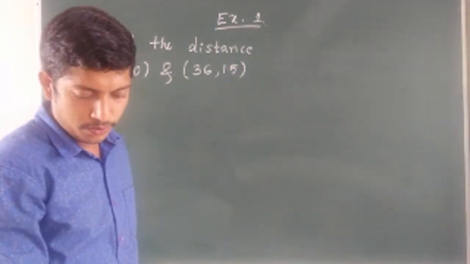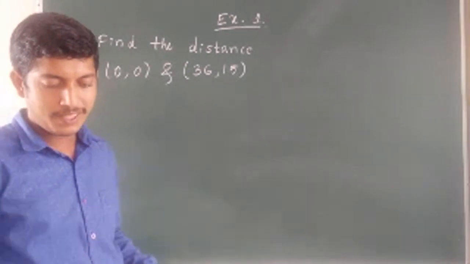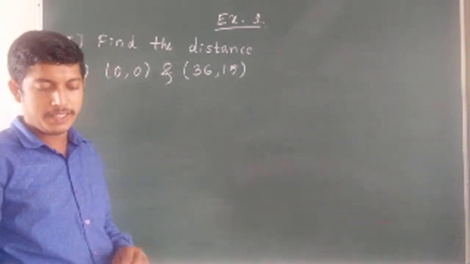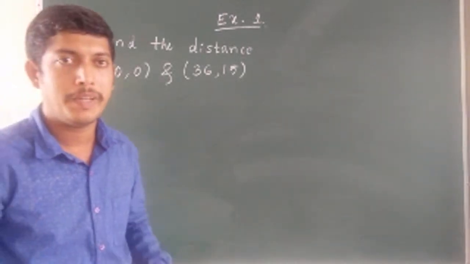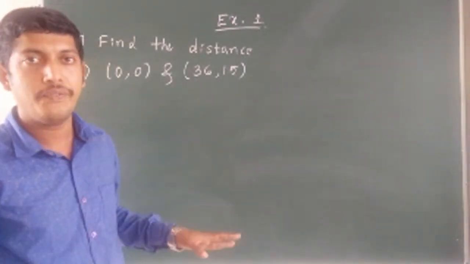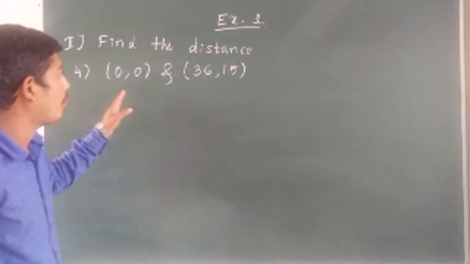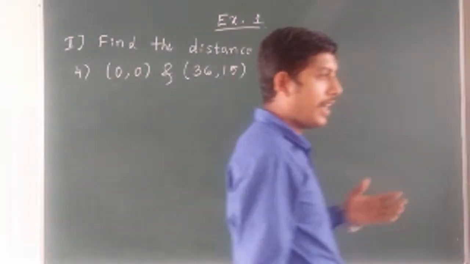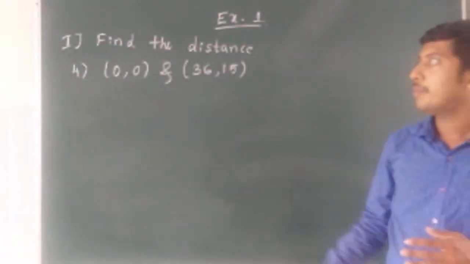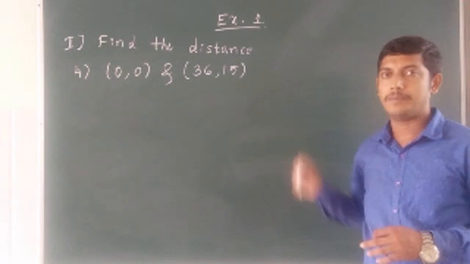Can you now find the distance between the 2 points A and B in section 7.2? So in that page also you will get the same points. They give it on a graph, and in that the points are 0, 0 and 36, 50. The first question and the second question in that are the same. Therefore, I will solve only one.